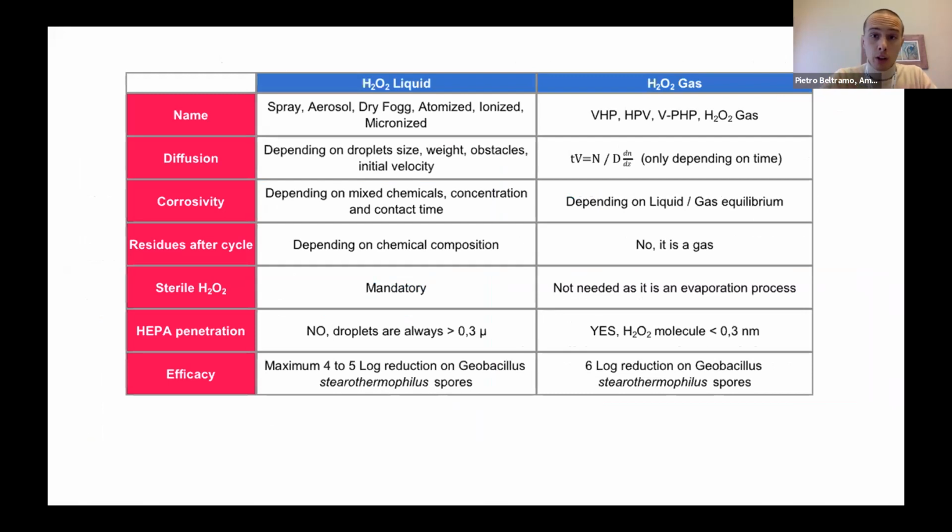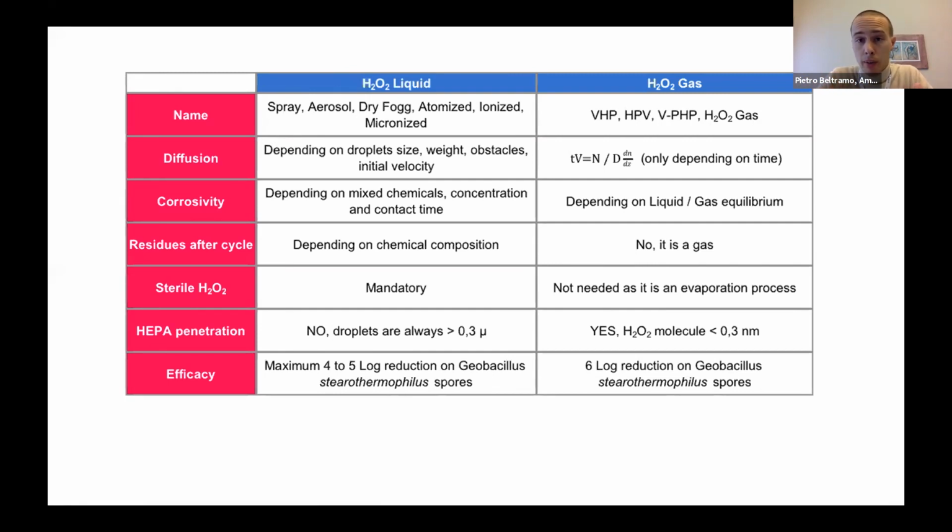This table would like to help summarize a little bit the differences from the technical point of view. For the H2O2 liquid, the aerosol generator, there are different names to describe it according to the supplier, according to the method of droplet creation. And H2O2 gas or vapor is the same. You have different names according to the supplier.